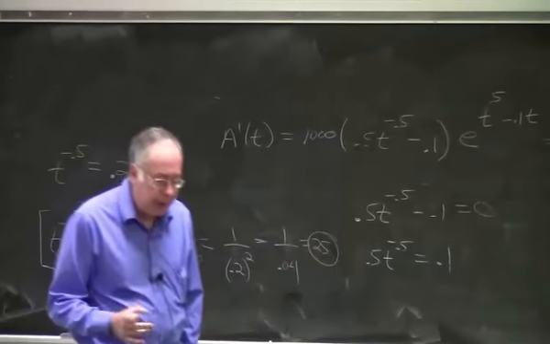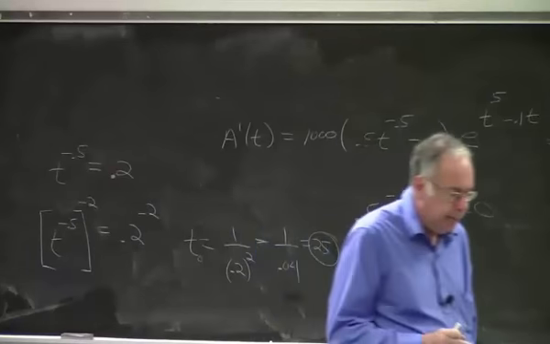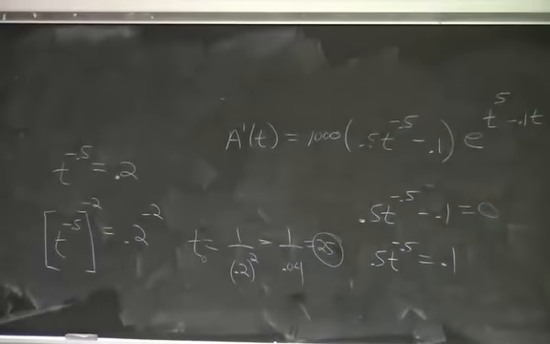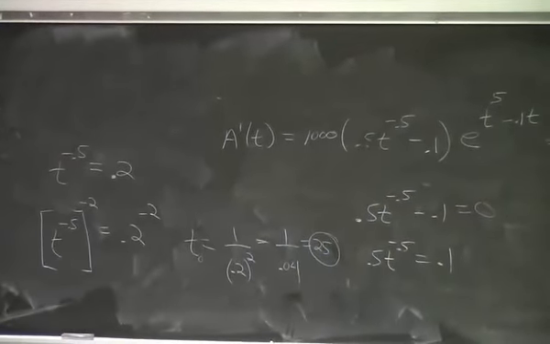So our critical value of t is 25. So you let the trees grow for 25 years, and then you cut them down.